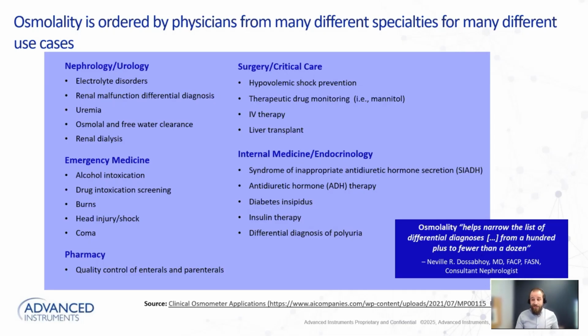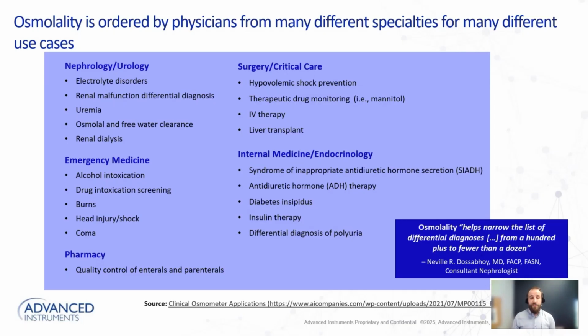In emergency medicine, it's primarily used for alcohol intoxication and toxic alcohol ingestion. So folks who have had way too much to drink, or also folks who may have accidentally or purposefully drunk a toxic alcohol, like when we talked about before, diethylene glycol, isopropanol, methanol, something like that. These things do happen.